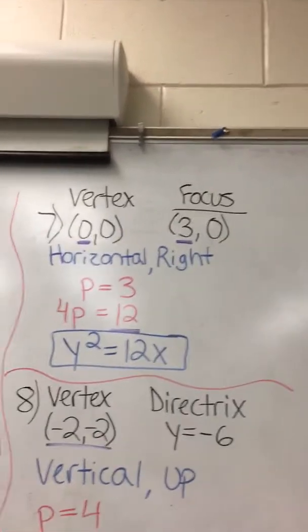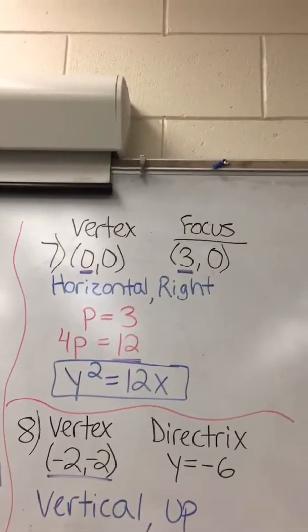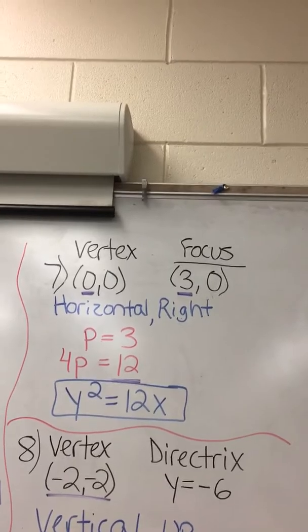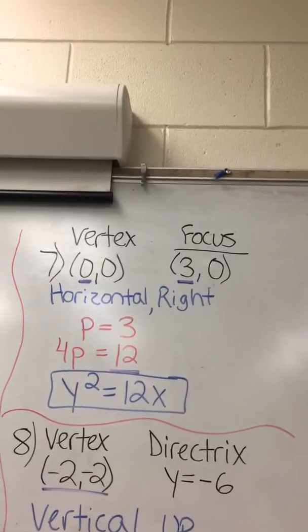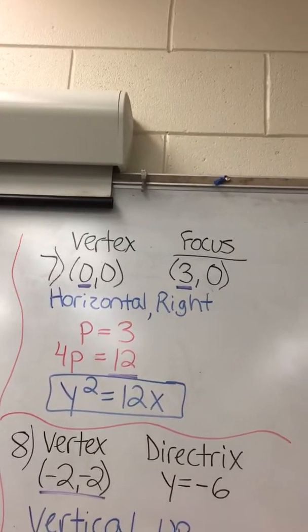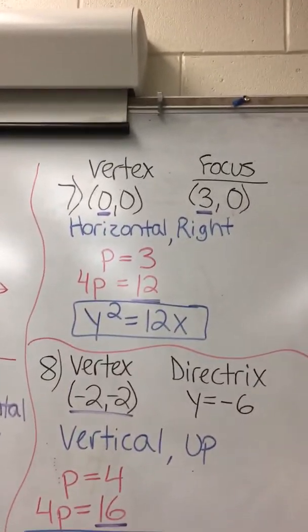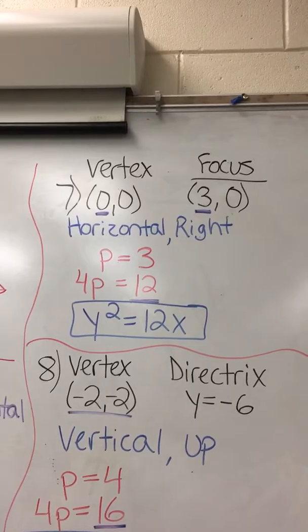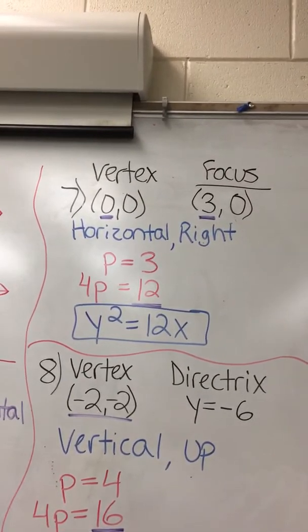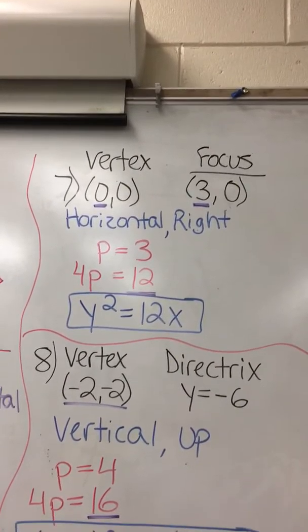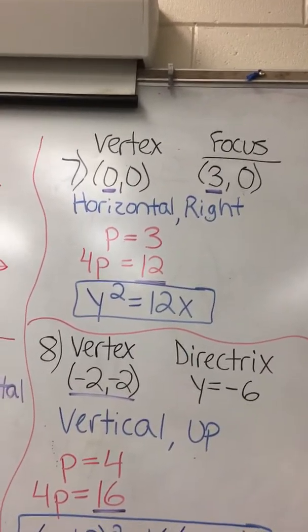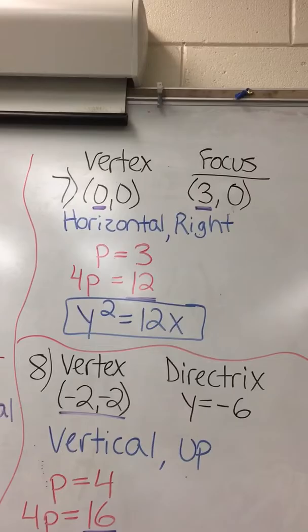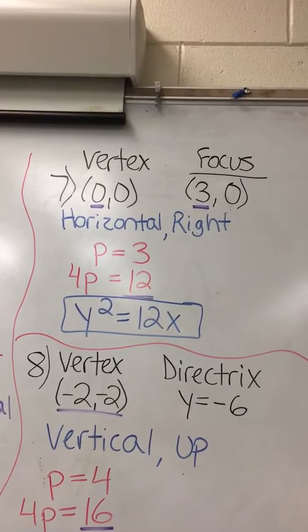So remember how I said in the lessons, if you draw out a graph and you mark your points, the vertex and the focus, that'll tell you right there which way it's going to open. So in this case, our p value, since it's going from 0 to +3, our p is going to equal 3 as well. So then again, we're going to work backwards, set it equal to 4p, take that 4, multiply it by 3, and you get 12.